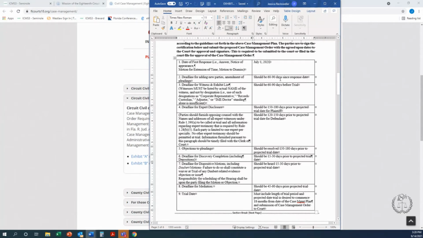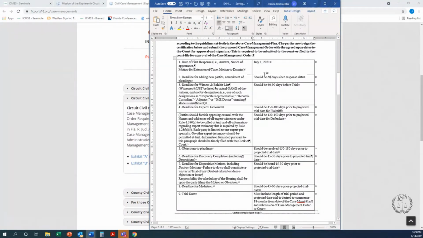So these are suggested timeframes placed in there, but you are to put on your case management plan the indication of what time frame you're doing. It is either 60 or 90 days. It may be 60, it may be 90, but place that in there.